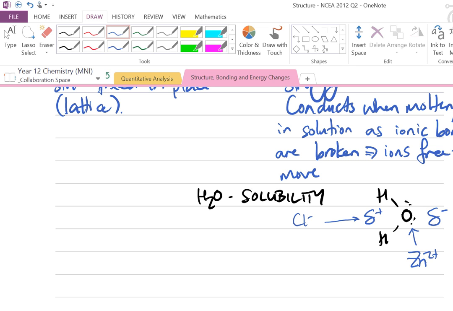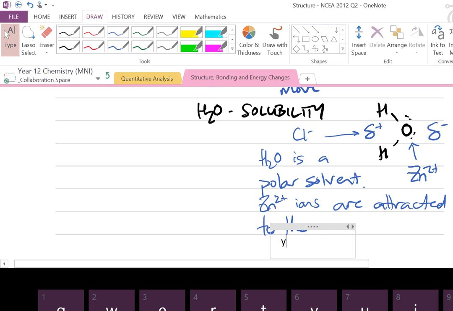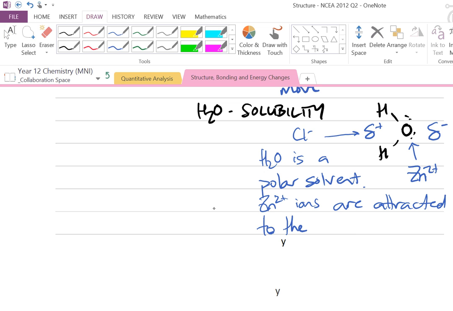So that's what I've got to say in my answer. So, I'm going to say H2O is a polar solvent, because that's one of the things that the question's actually after, I'm sure. Okay? Zn2+ ions are attracted to the delta minus pole, so this is what polarity means, pole of water.